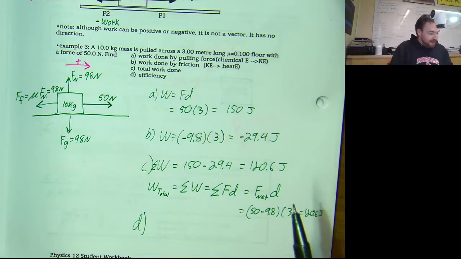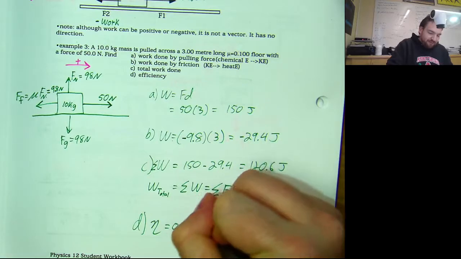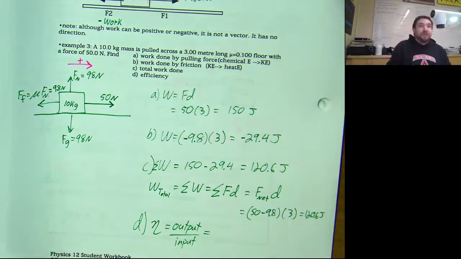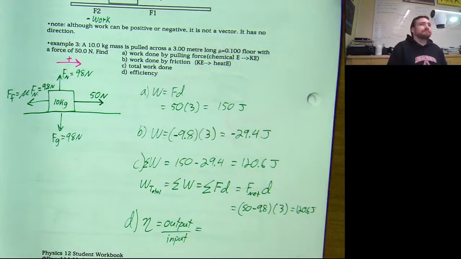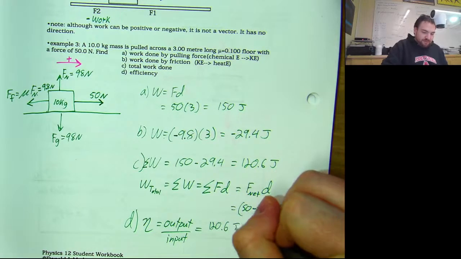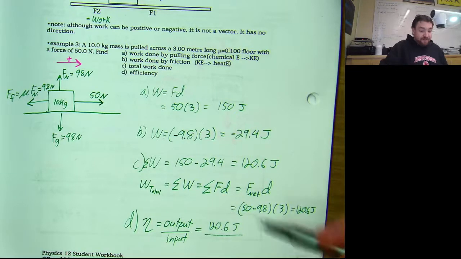It's delightful. Anyway, efficiency. Efficiency is output over input. So how much work was put out? 120.6 joules was the net work done. How much power, rather, went in? Yeah, the 150.